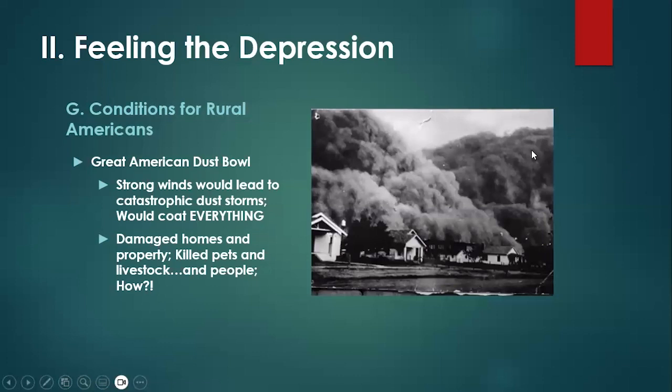And that's largely what would kill people and animals. They would die of what was referred to as dust pneumonia, where they would literally breathe in so much dust that it would fill up their lungs and they would suffocate. This also, in some cases, buried animals, and I don't know for sure, I haven't seen evidence of this, but I wouldn't be shocked to find out that there are people who have been buried alive as well.